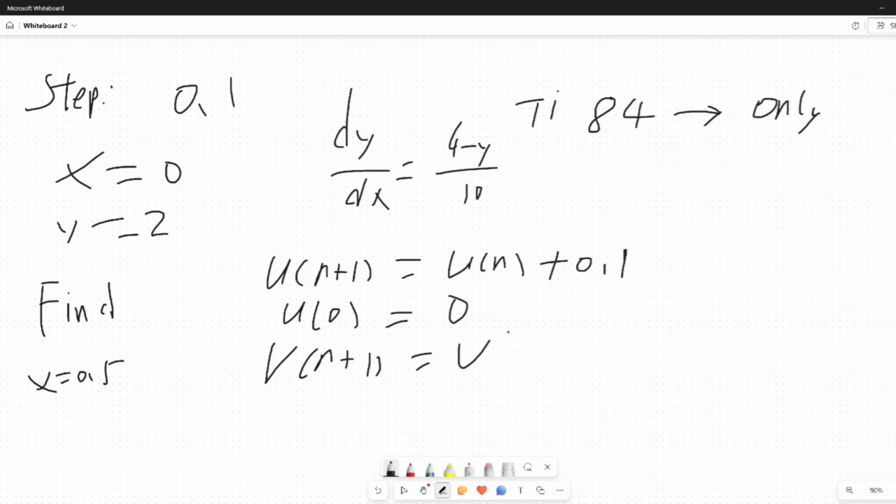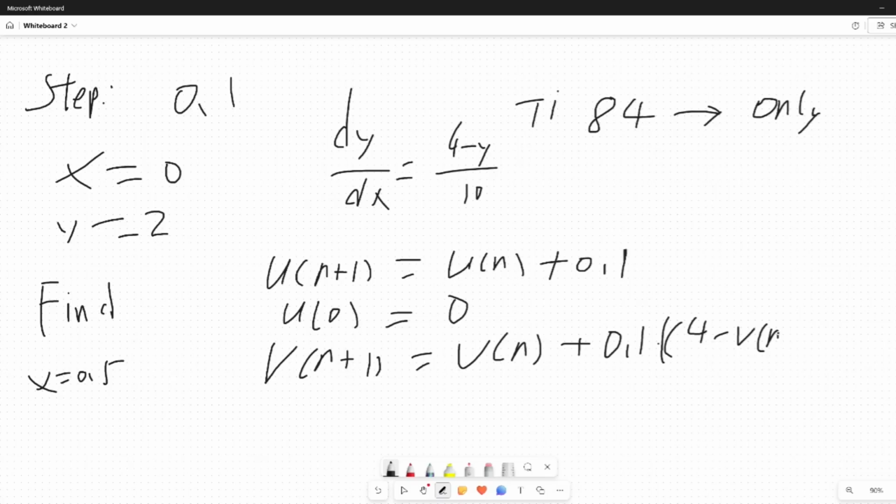So obviously, you have to start with v(n) first, and then we do the step multiplied by this function, right? The right side of the dy dx. So let's do a big parentheses of this, and we can just do 4 minus, what is y? Yeah, v(n). My brain's not working.